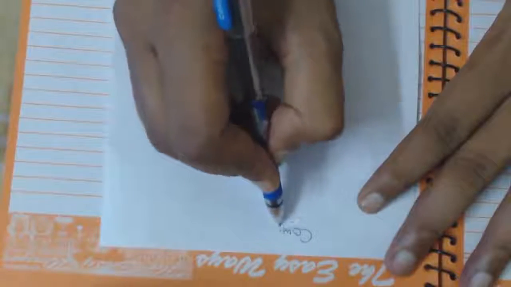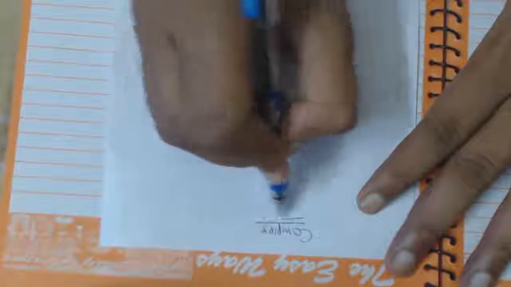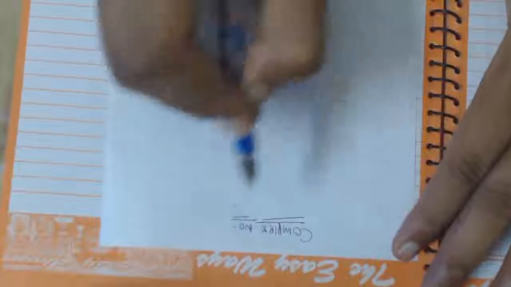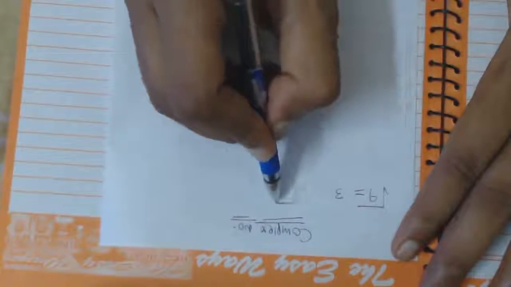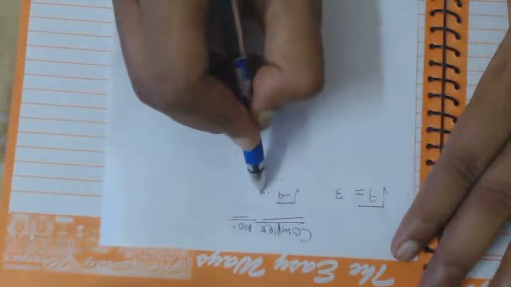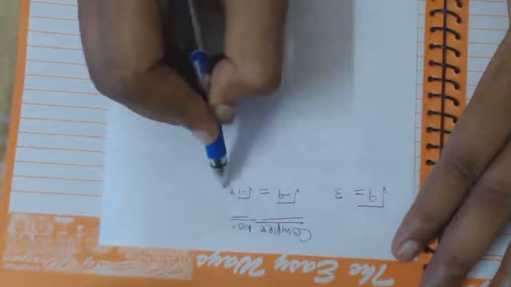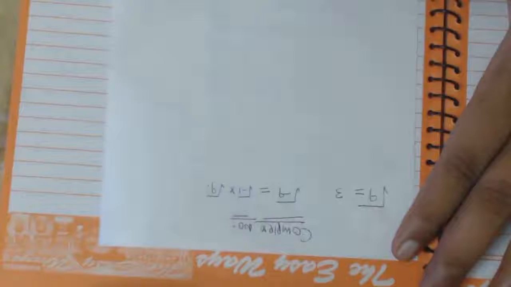Now, the next topic I am taking is complex numbers. When I ask you root 9, you say 3. When I ask you root minus 9, you will say root minus 1 into root 9.